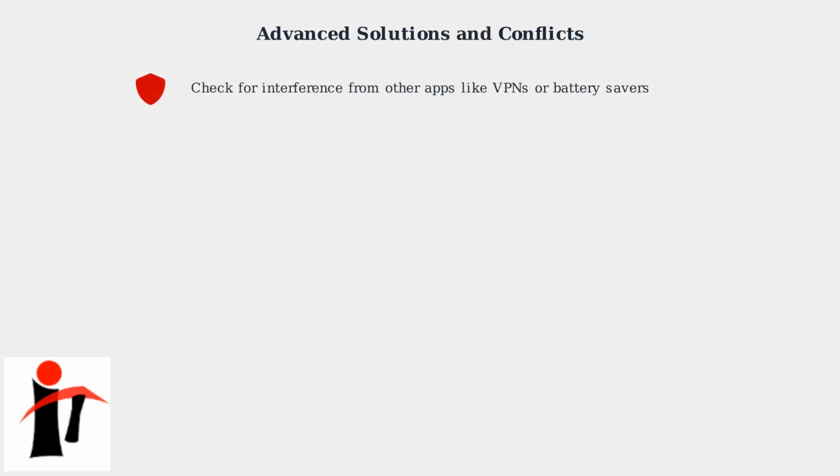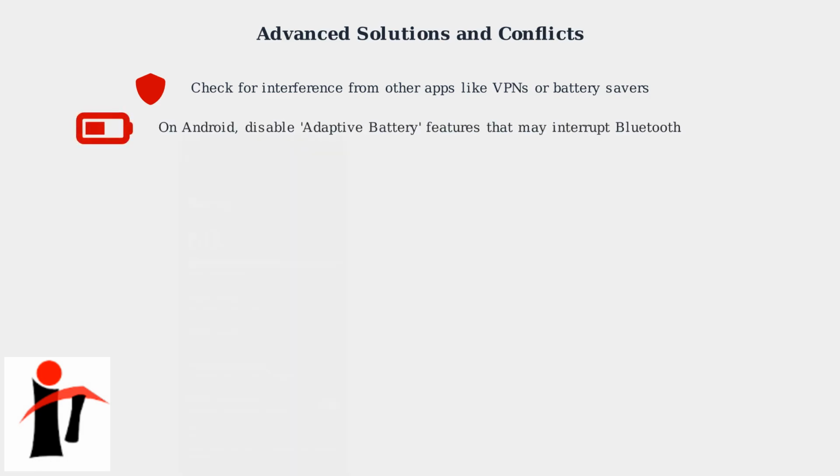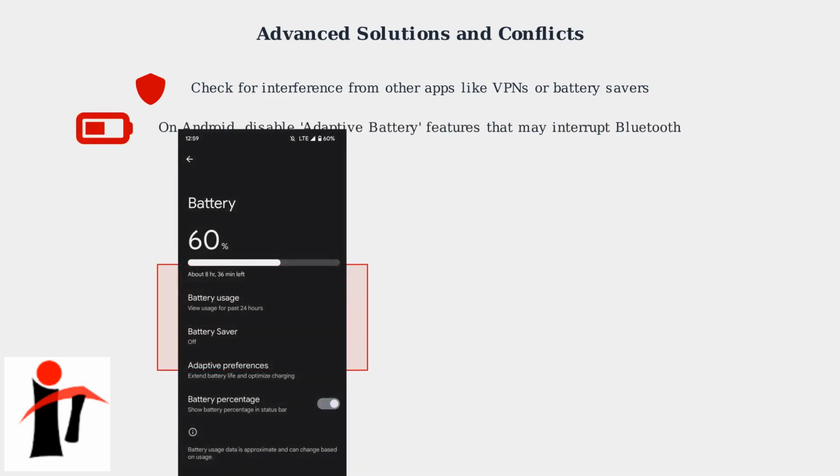When basic troubleshooting doesn't resolve the Bluetooth error, it's time to explore advanced solutions. First, check for interference from other apps that might be limiting Bluetooth access, such as VPN services or battery-saving applications. On Android devices specifically, disable adaptive battery features in your phone's settings.